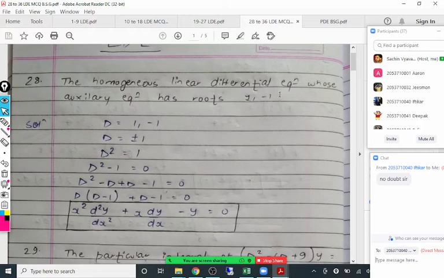But if the answer options are in normal form, then this is your answer: d2y by dx square minus y is equal to 0. This is the differential equation whose auxiliary equation has the roots 1 and -1. So that should be the correct answer.